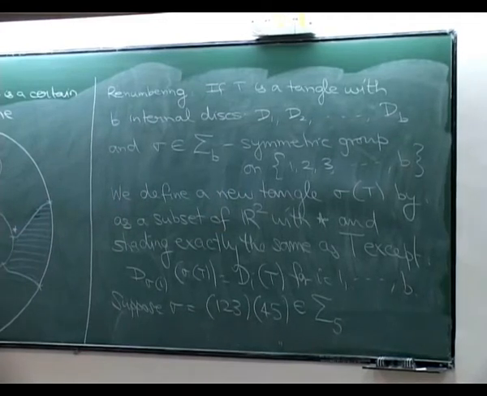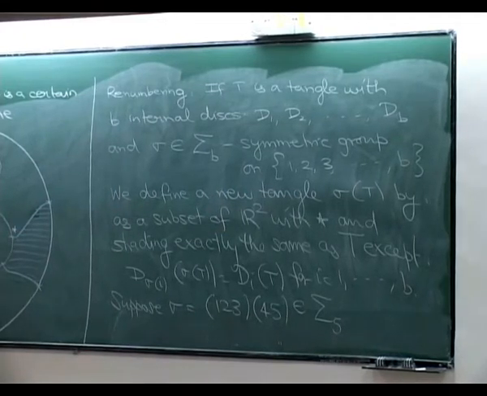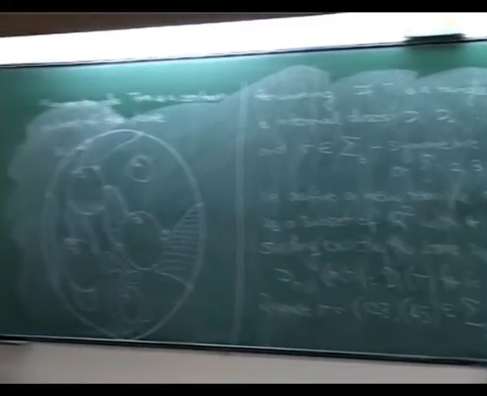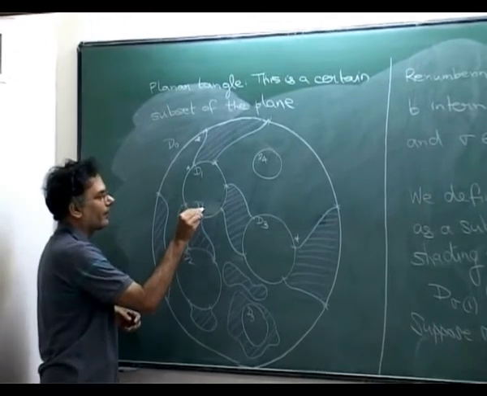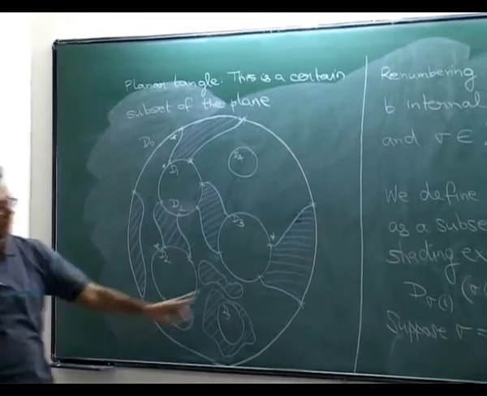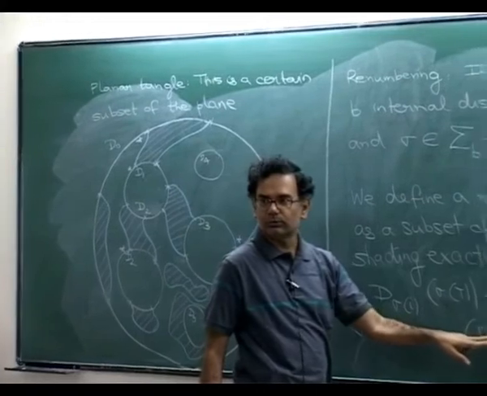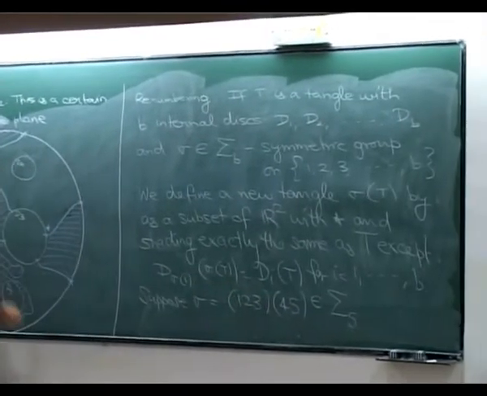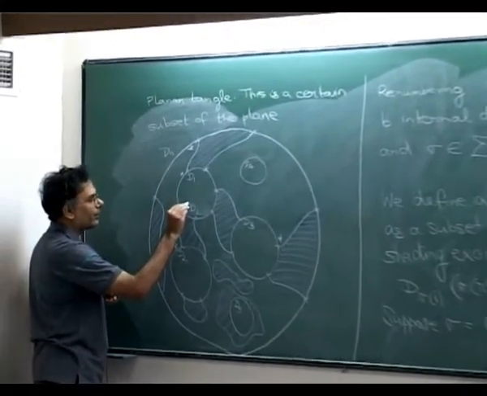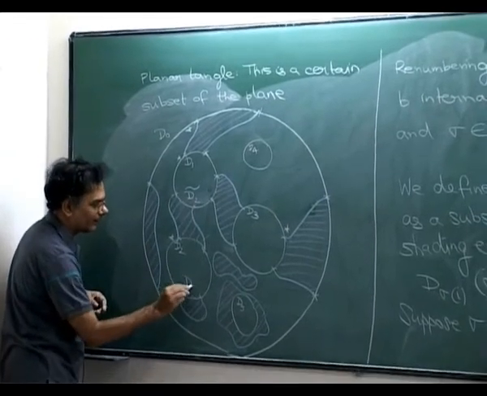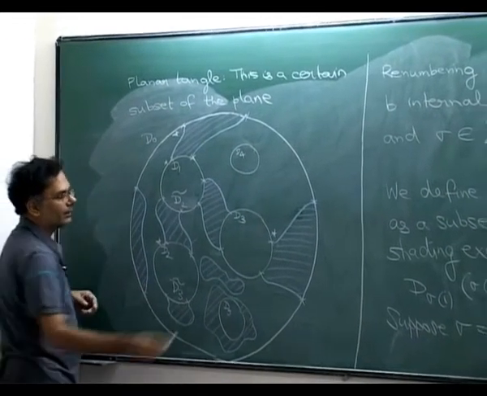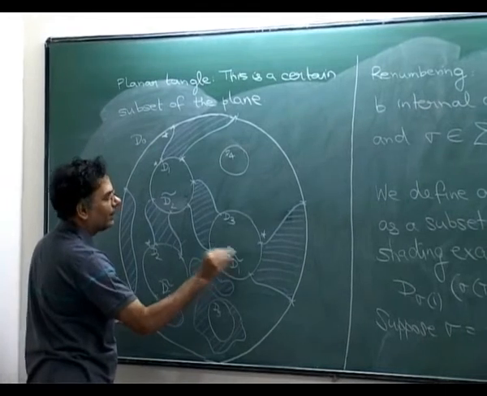So what should you do? D1 of T should be D sigma 1 of sigma T. So for sigma T, this should be D2, because 1 goes to 2, and 2 goes to 3. So this D2, let me anoint it with tildes, will become D3. D3 will become D1.